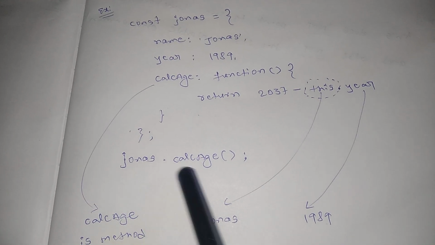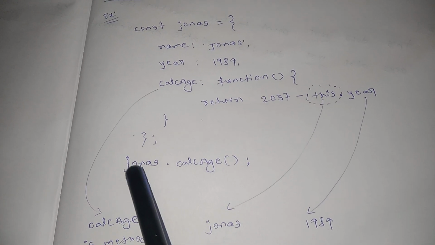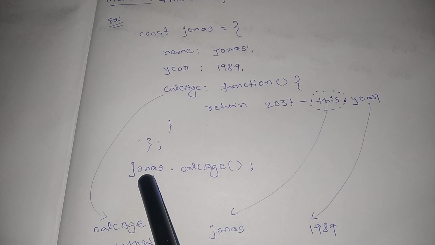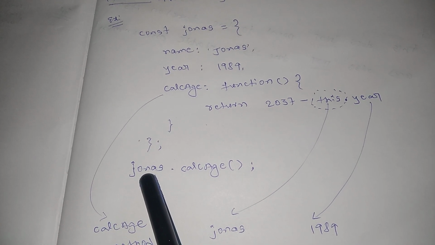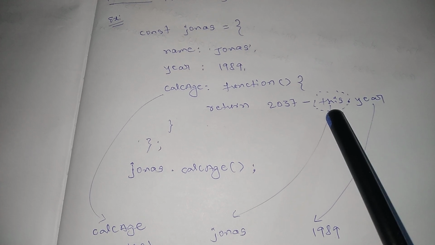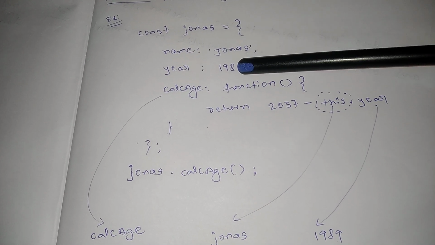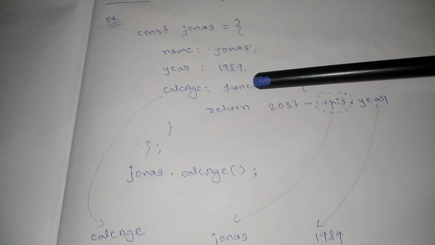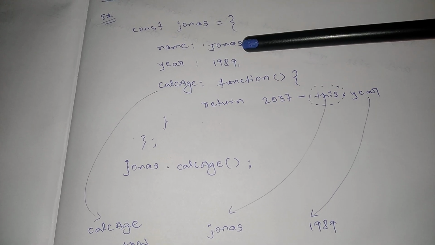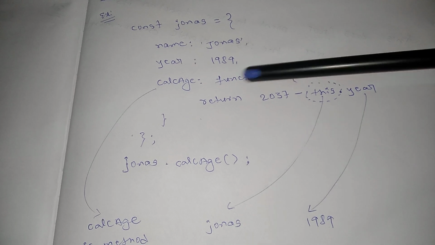So Jonas is the owner of calcAge, so whatever variables are there in Jonas will be accessed with the help of the this keyword, because for this keyword the owner is Jonas, and these are the variables which are present: name, year, and this function. So it can access name, it can access year, or it can access this method itself.